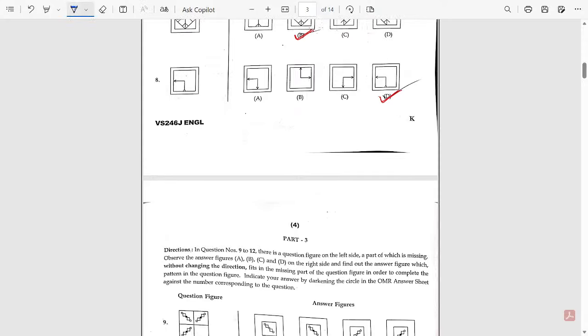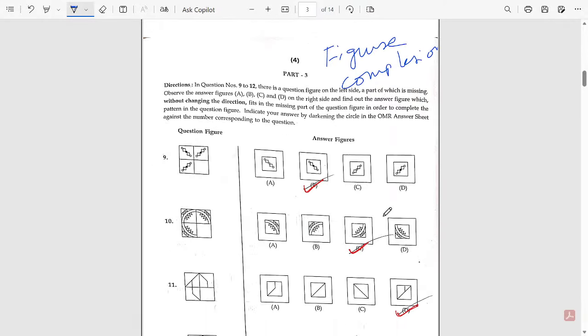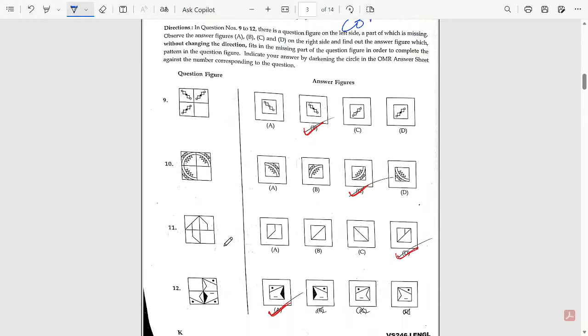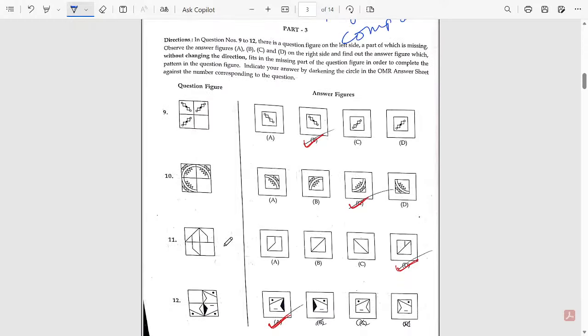So what you have to do is complete the figure. In figure completion, you have to complete the whole part, and then find the answer for that. So tell me the answers here.